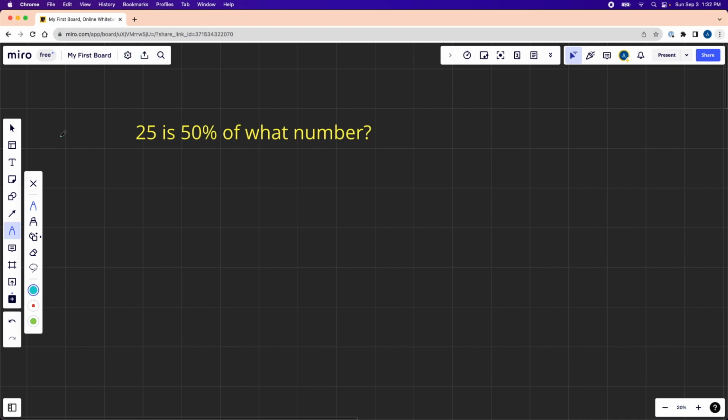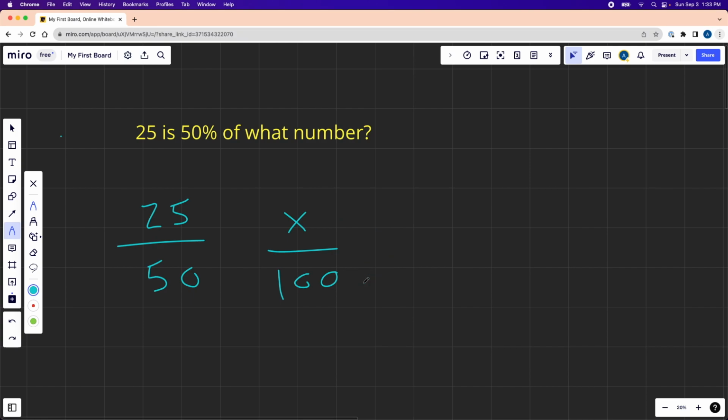Again, what we were saying here is 25 is 50% of a number. So if 25 is 50% of a number, then we're looking for that number, which will be 100%. So we're going to say 25 over 50 is the same as x over 100.